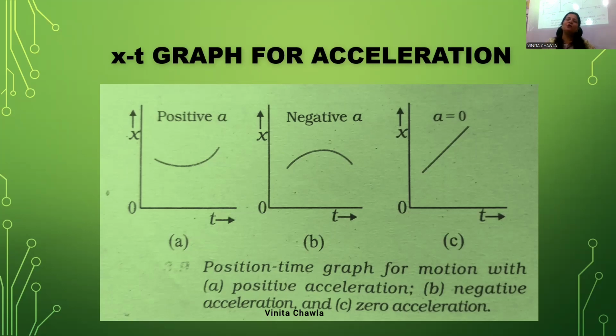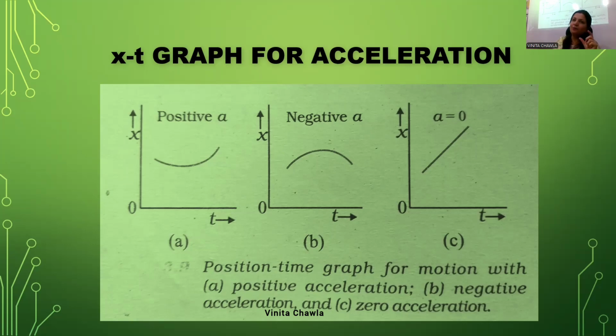Just focus on the second equation of motion. If we assume the object to be at rest initially, then its initial velocity is 0, and we can write s as half at square.